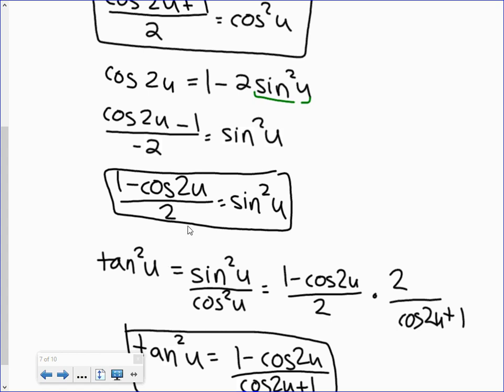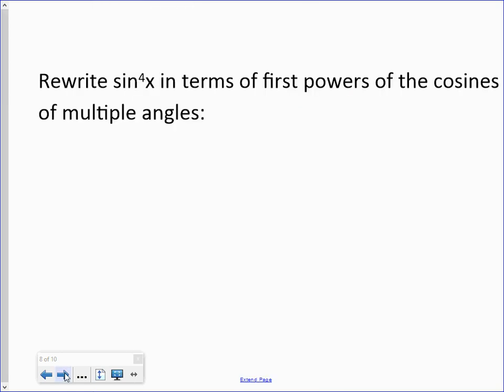But we are going to use that formula, 1 minus cosine 2u over 2. But we have sine to the fourth. So first, we need to rewrite it as sine squared. It's really sine squared x times sine squared x. Wouldn't that be sine to the fourth?